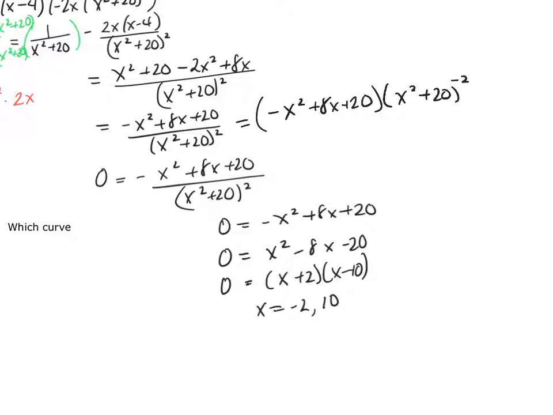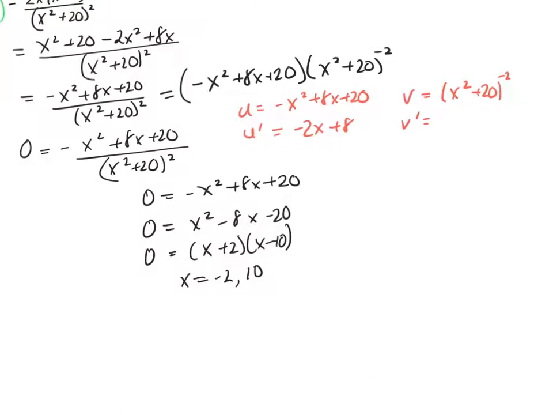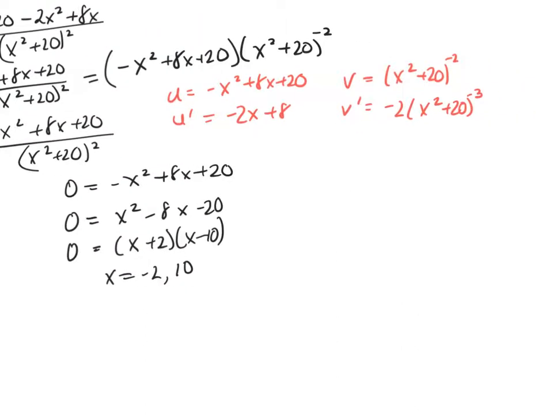So my u is equal to negative x squared plus 8x plus 20. U prime is equal to negative 2x plus 8. V is equal to x squared plus 20 raised to the negative 2. V prime is going to equal negative 2 times x squared plus 20 raised to the negative 3, multiplied by 2x.